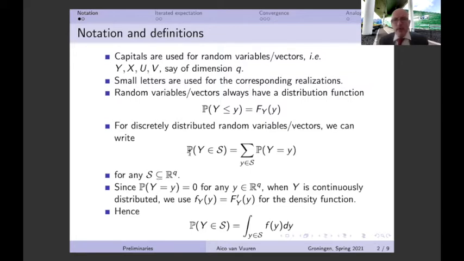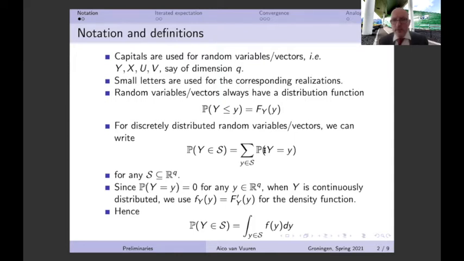And if we would like to calculate, for a discretely distributed random variable, the probability that Y is in this subset S, then the only thing that we need to do is sum over all the probabilities of the different outcomes that we have in this S. So this S should be countable, of course, and we're going to be able to take the probabilities with respect to that.